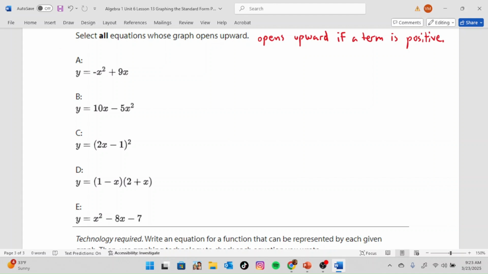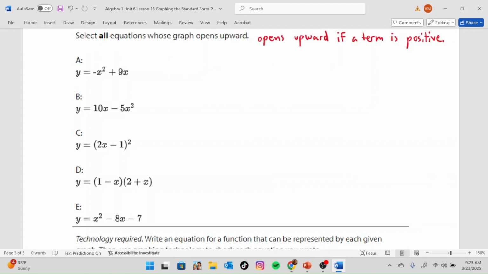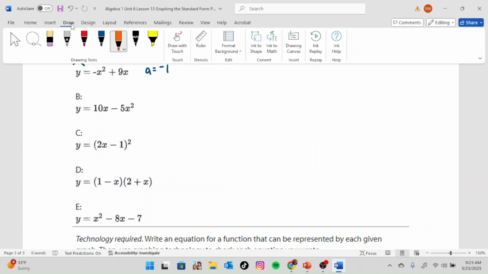So that's what we're going to be looking for. On choice A, we see that A equals -1. Because it's negative, this is going to open downward, so A is not a correct choice.